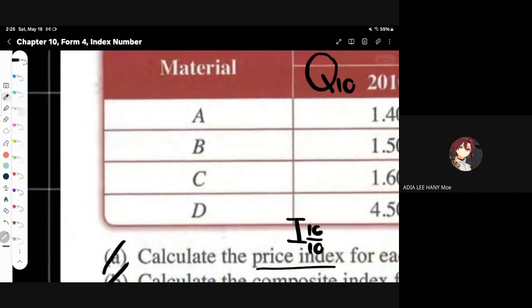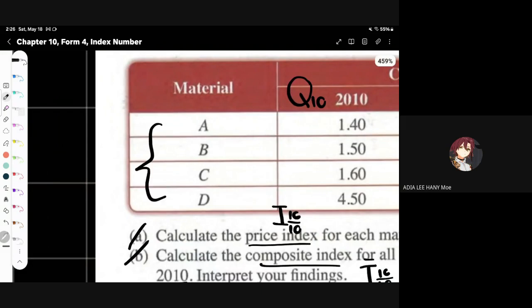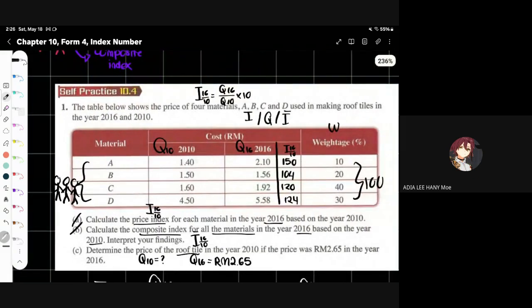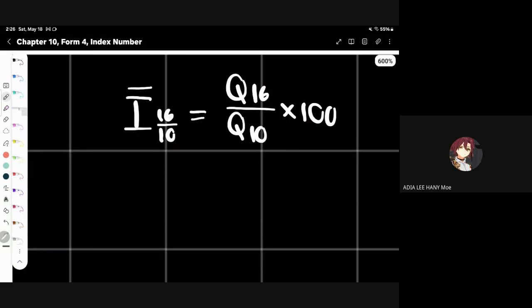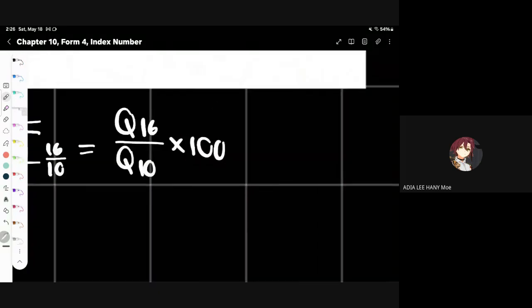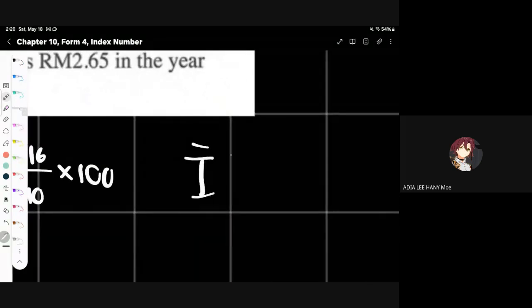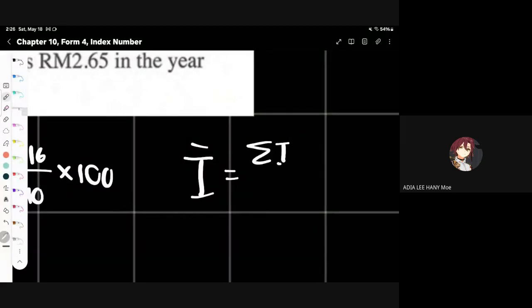Because it's talking about the total amount, a group, not a single item. Remember, A, B, C, D is singular, roof tile is a group. So this one should be I dash. But then I just told you the I dash formula, there's only this one. Actually, I lied.